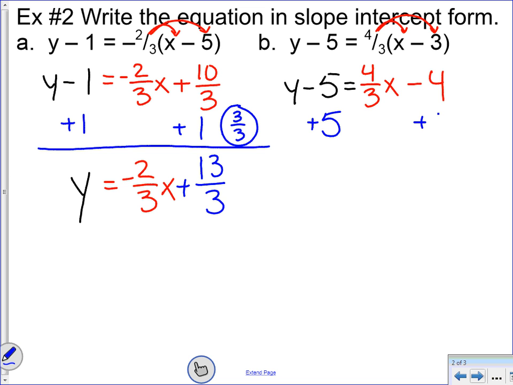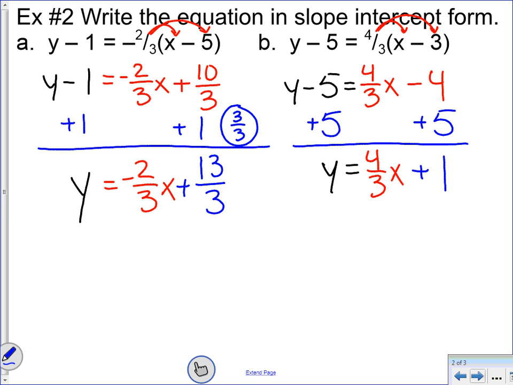So I'm going to add 5. So I only have y on the left. My 4 over 3x comes down, and negative 4 plus 5 is positive 1, and that's my y-intercept. So again, to write an equation in slope-intercept form, do distributive property, and then add or subtract that one number.